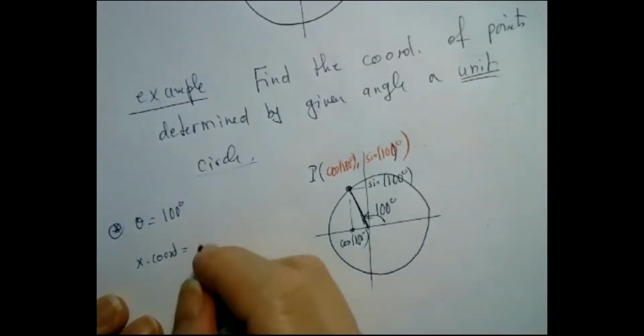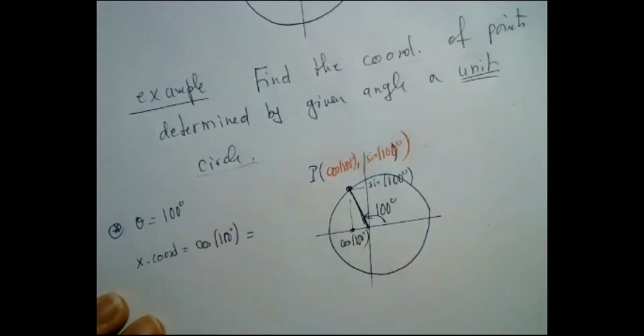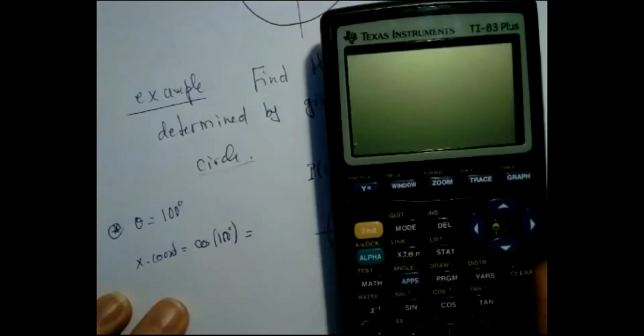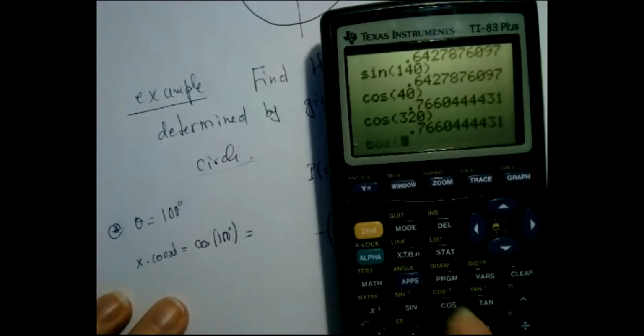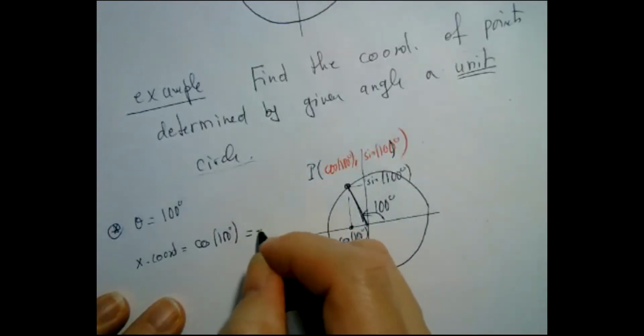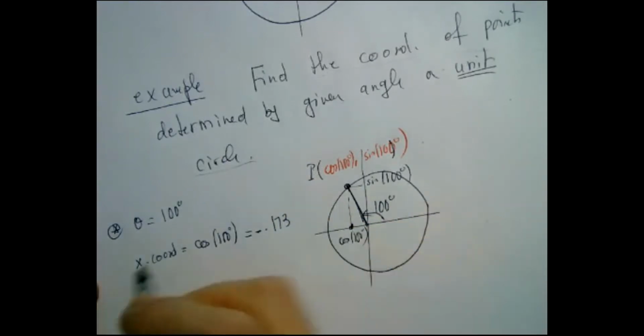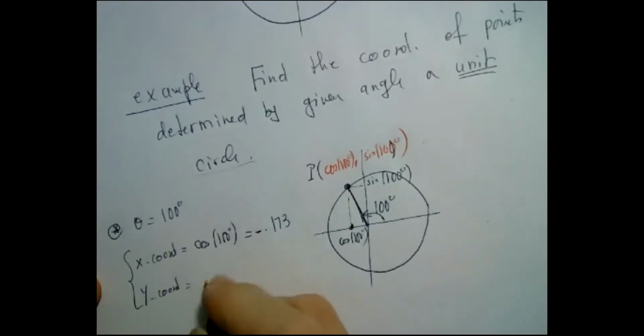So let us find them. The cosine is equal to, and now we're going to use our calculator for that, cosine of 100, which is minus 0.173. So we find them up to 3 decimal places. And we expected a negative answer. The y coordinate is the sine of 100, and now I expect a positive answer.